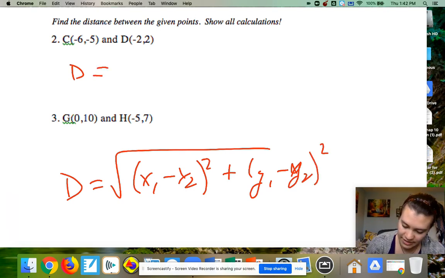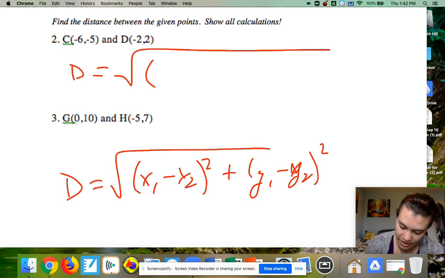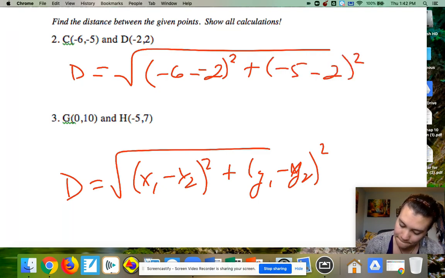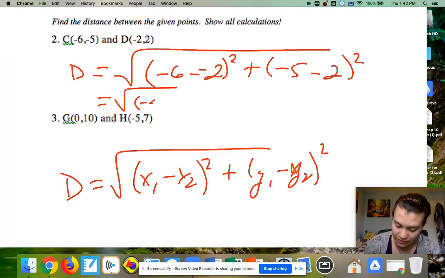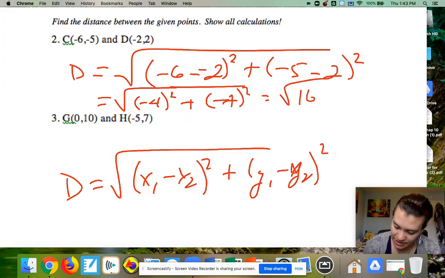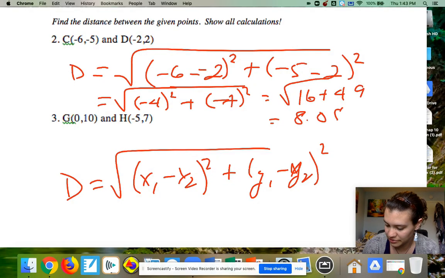So if we're finding the distance here, we can take x1, so -6, minus x2, plus y1 minus y2, and then calculate this out. So -6 minus -2 is going to be -4, and then -7 squared. So you get the square root of 16 plus 49, which, if you calculate it in a calculator, you get 8.06.